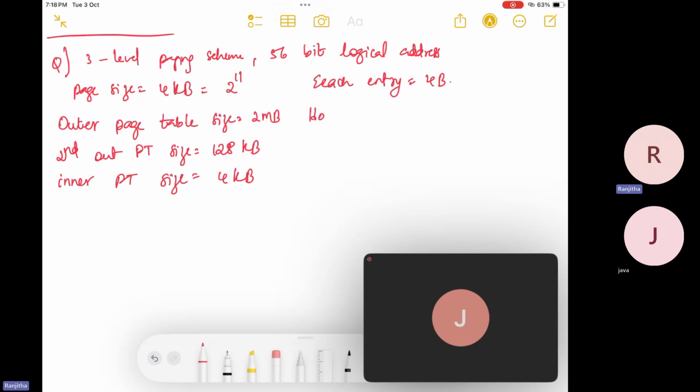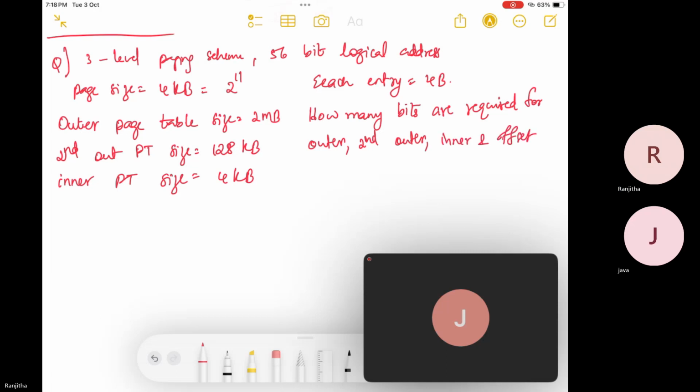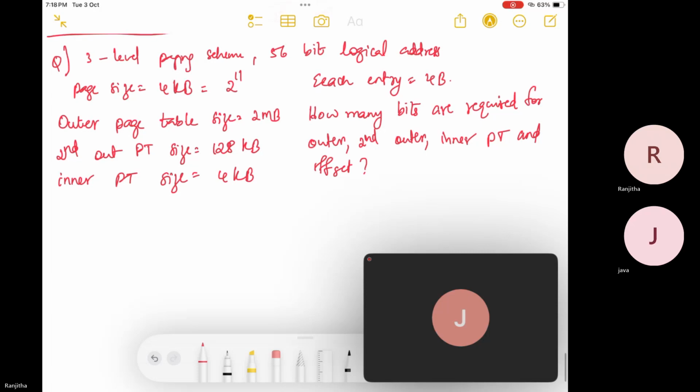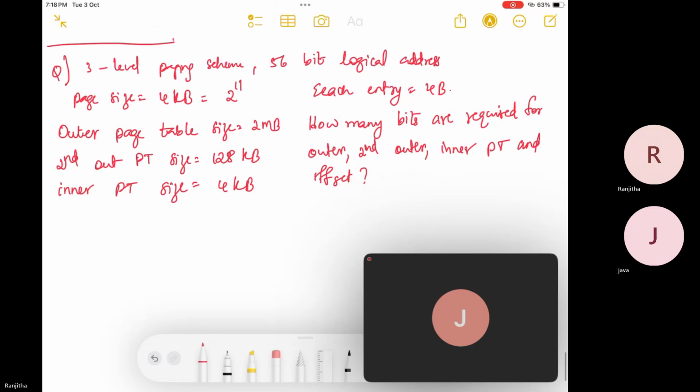So the question is how many bits are required for outer, second outer, inner page table and offset.